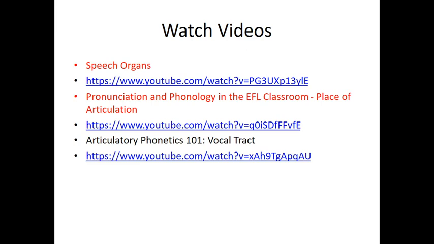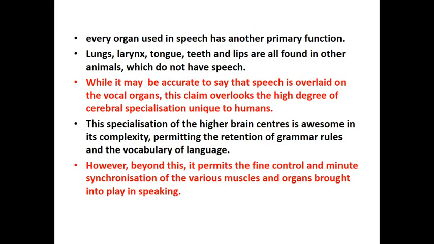So you can go through that. Then the pronunciation and phonology in the EFL classroom, place of articulation that comes with the speech production. So you can watch these videos from YouTube. These are the links. So every organ used in speech has another primary function.